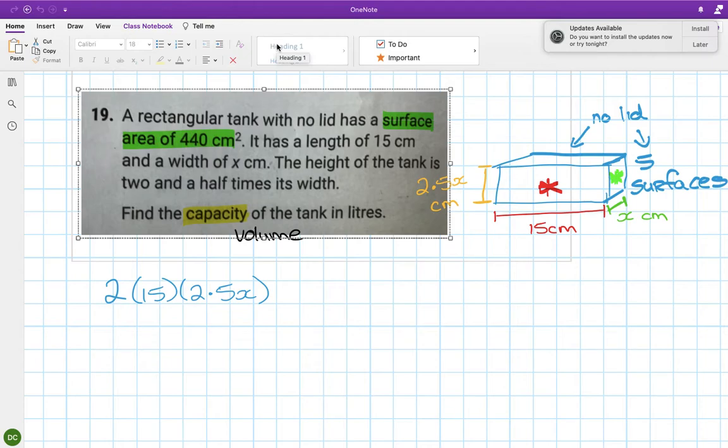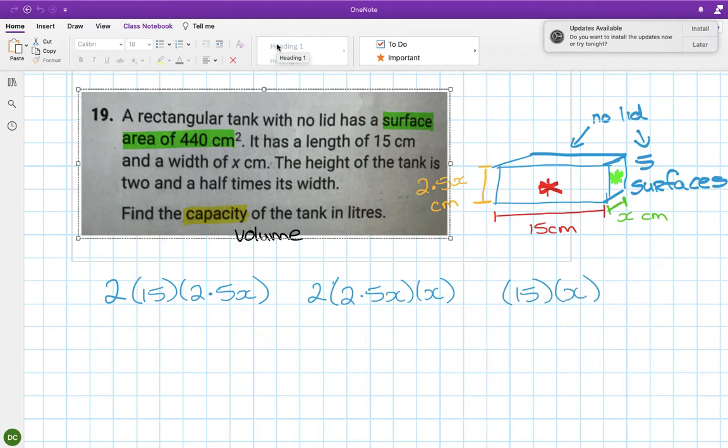That one's going to be 2.5x by x, and there's 2 of them, one on the right and one on the left. And then the bottom, which you can't see, is going to be 15 by x, and there's only one of them because there's no lid.